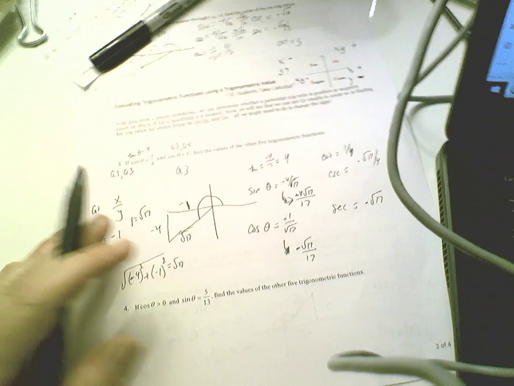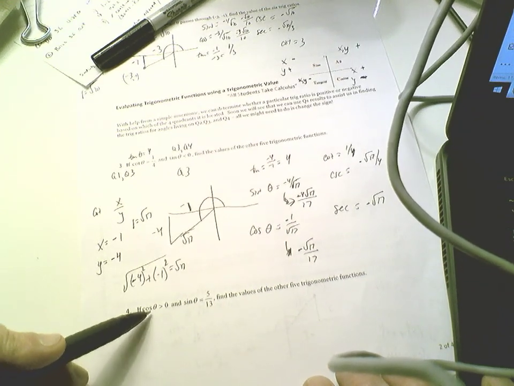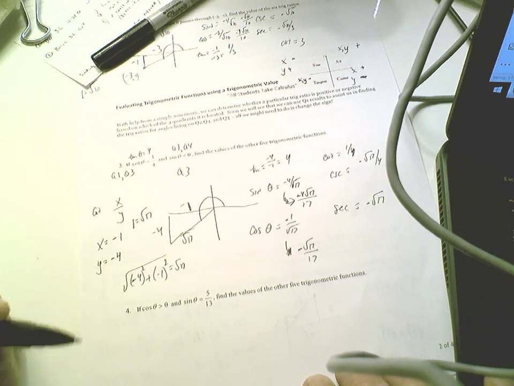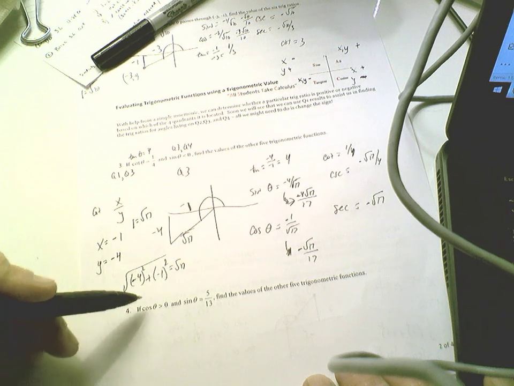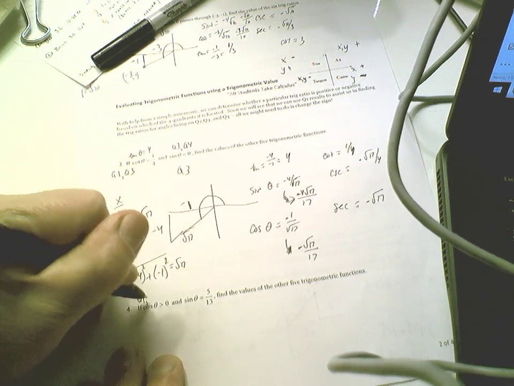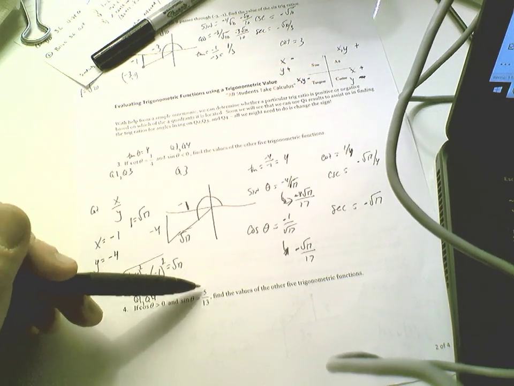This is going to be slightly different. Cosine greater than 0. Cosine is what? It's x over r. Cosine to be positive means my x coordinate better be positive. Quadrant 1, quadrant 4. My sine is 5/13. Well, that's a positive number.